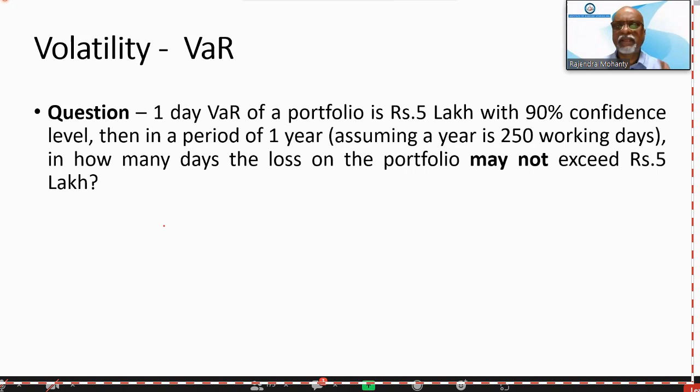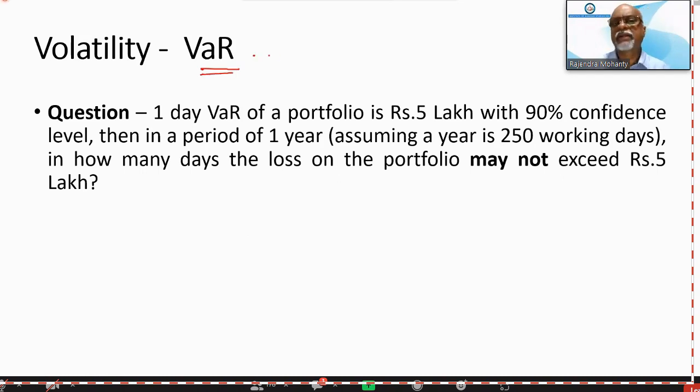VAR is used to calculate the potential loss, the maximum loss that might happen in a portfolio. Basically it is a very important tool for calculation of any investment portfolio or market risk portfolio.